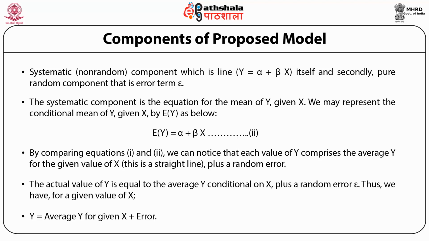And one more important observation here, that the actual value of the variable is equal to the average value of the dependent variable for all given values of x plus the error term. It is also visible in the graph shown on the next slide.